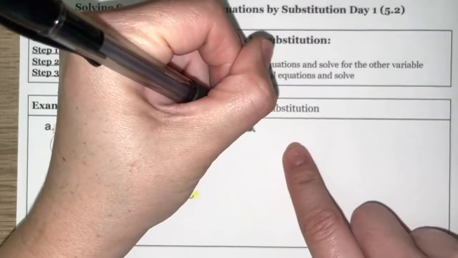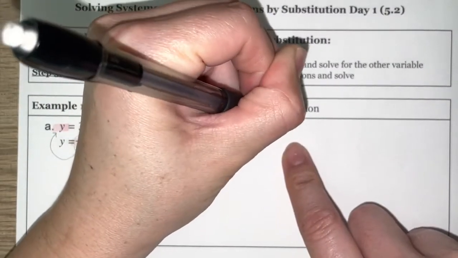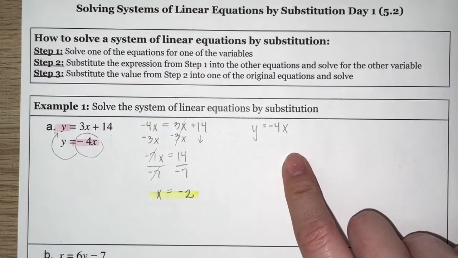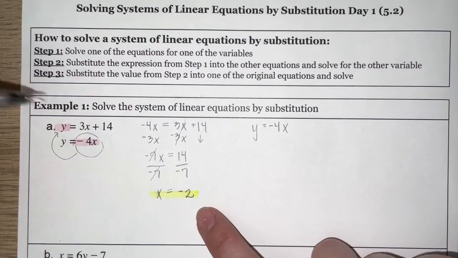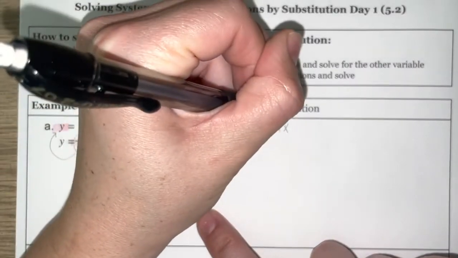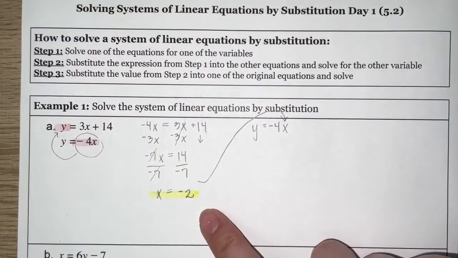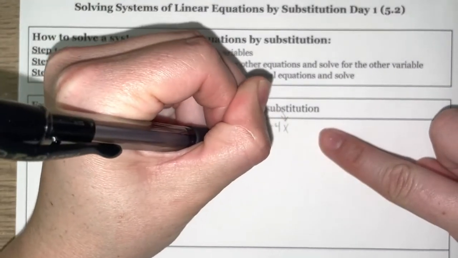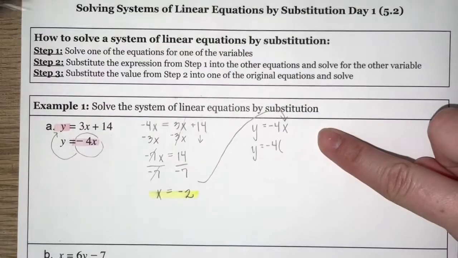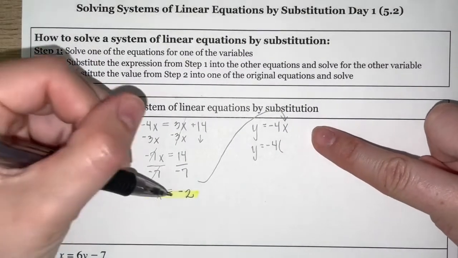So y equals negative 4x. And then in order to solve for y, I'm going to take my x equals negative 2, and I'm going to substitute that in where x is. So this equation becomes y equals negative 4 times, instead of times x, it'll be times negative 2.